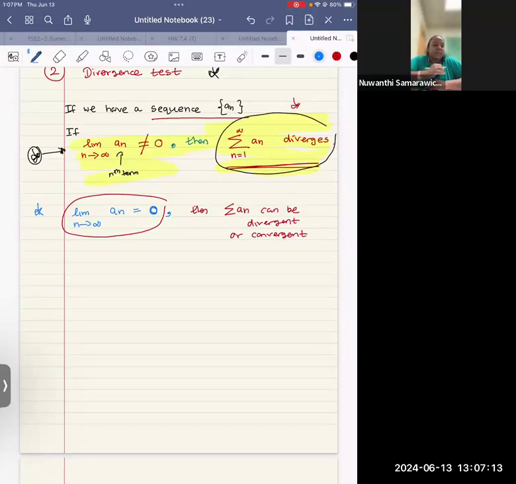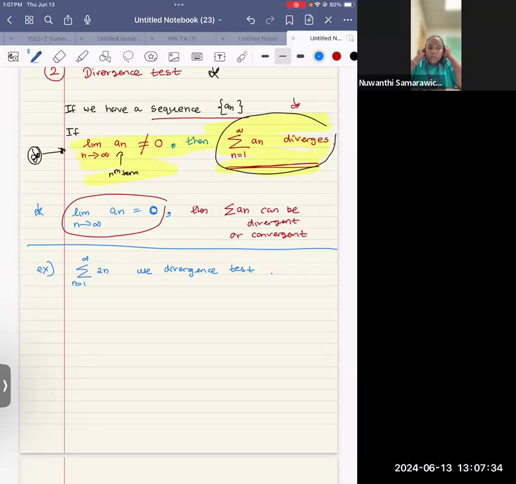Okay, so let's do an example. The same example we did before, use the divergence test now.